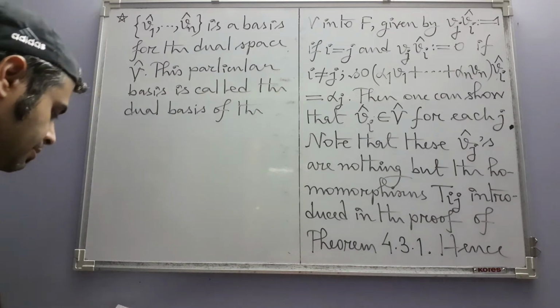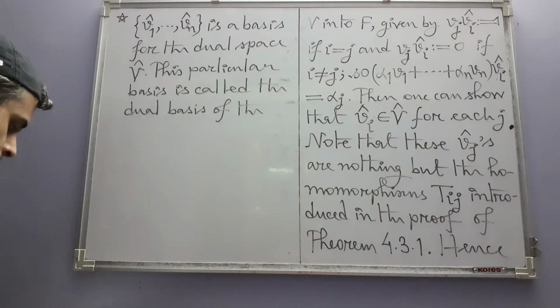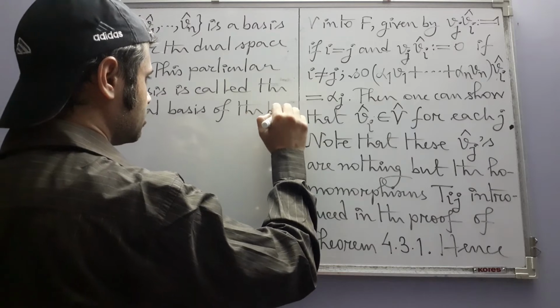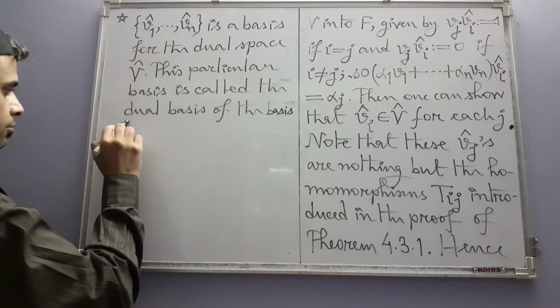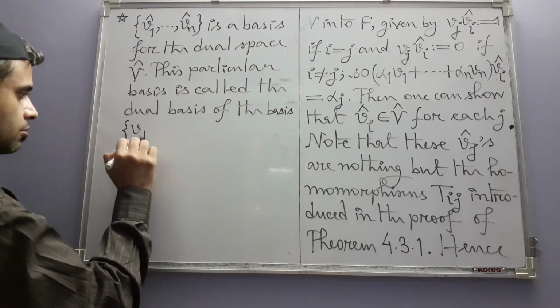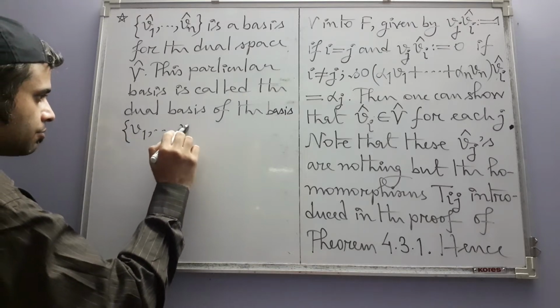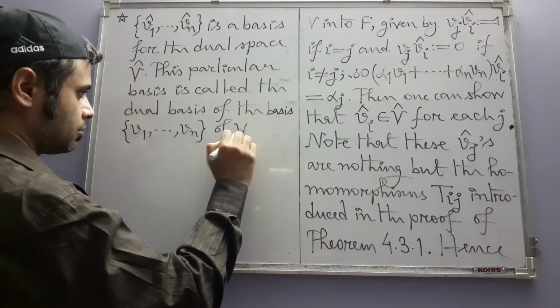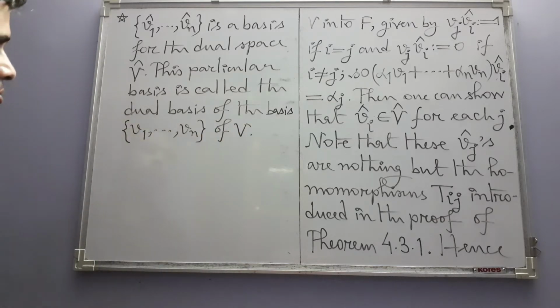We can just write the dual basis of the basis, this, of the original basis with which we started of our original vector space.